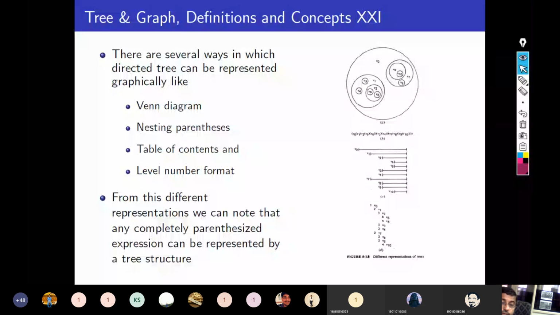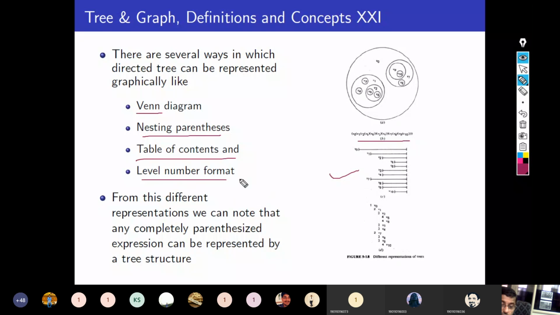So there are several ways in which a directed tree can be represented graphically, like this Venn diagram. So here the tree can be represented in this way also, or nesting parentheses like this, a table of contents like this, and a label number format like this.